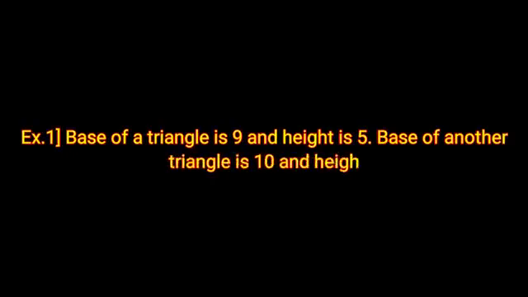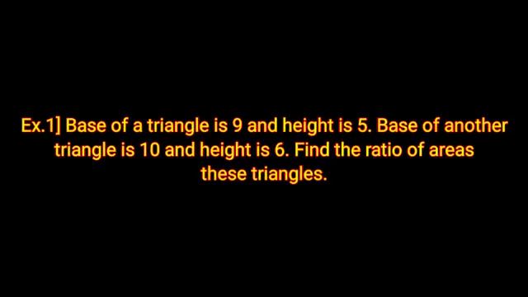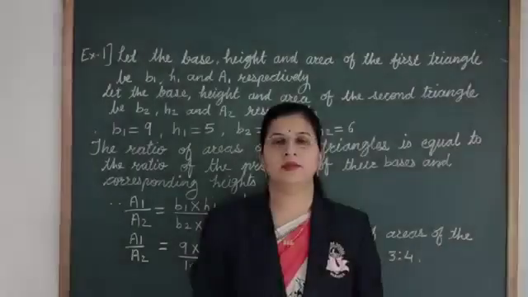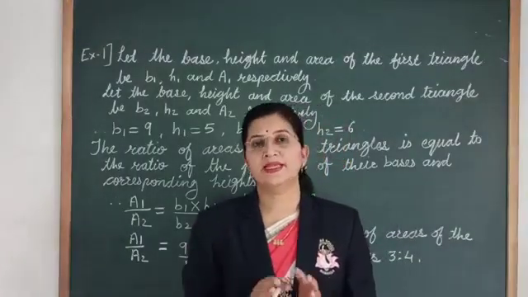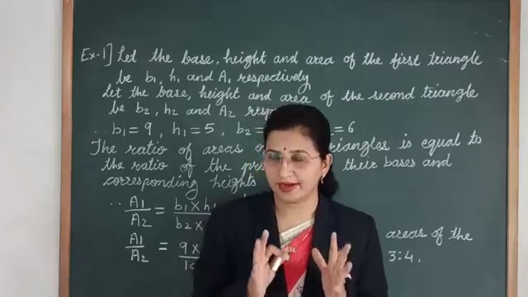Base of a triangle is 9 and height is 5. Base of another triangle is 10 and height is 6. Find the ratio of areas of these triangles. Dear students, in this question, we are given the base and heights of both the triangles. Okay.